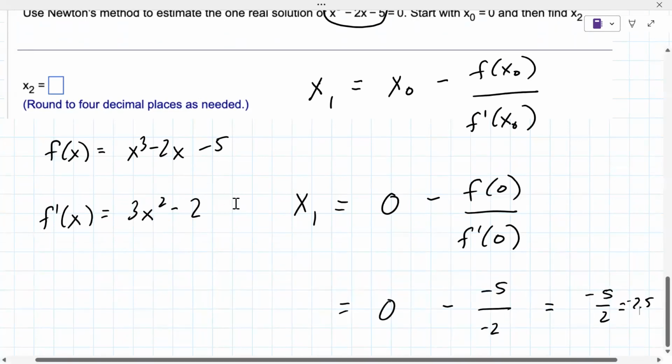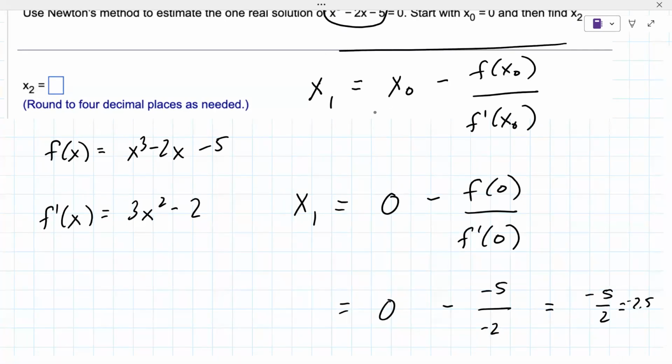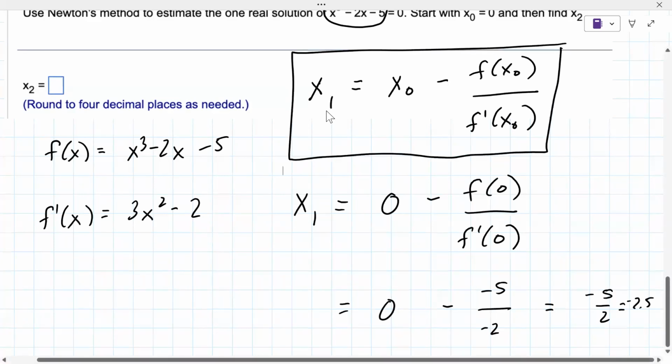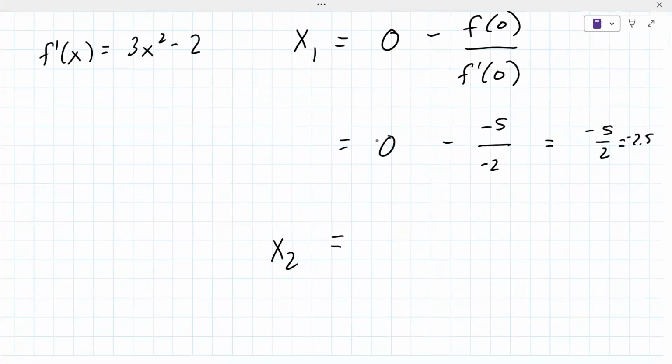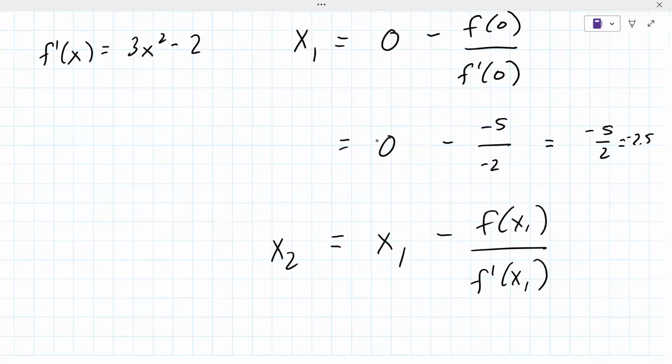But that's not the answer. We want x2. So to get x2, it's this formula up here that I'm boxing in, but instead of a 1, it's 2. Instead of a 0, it's 1. So x2 equals x1 minus f of x1 over f prime of x1.